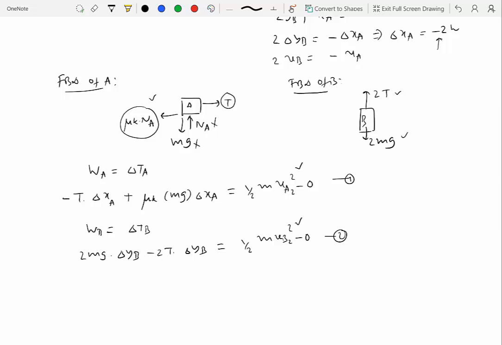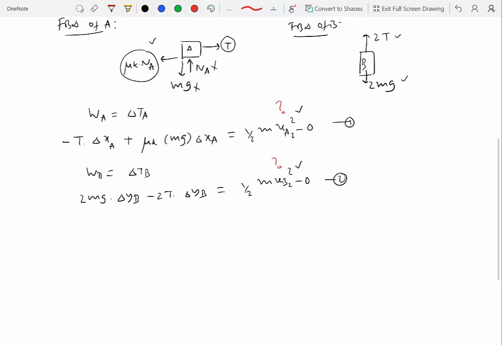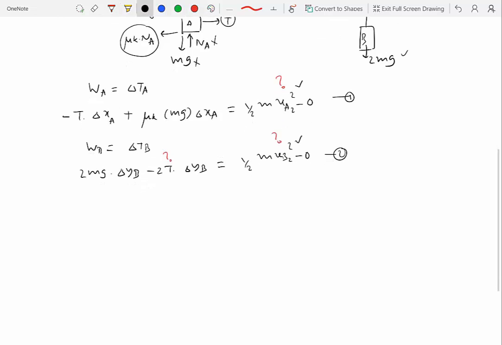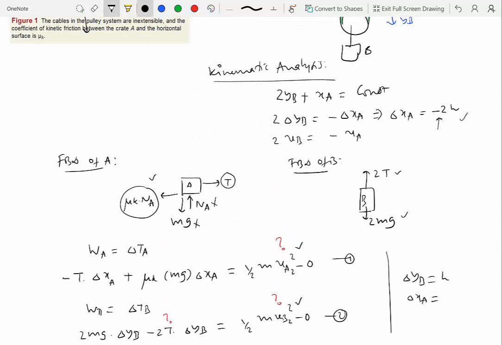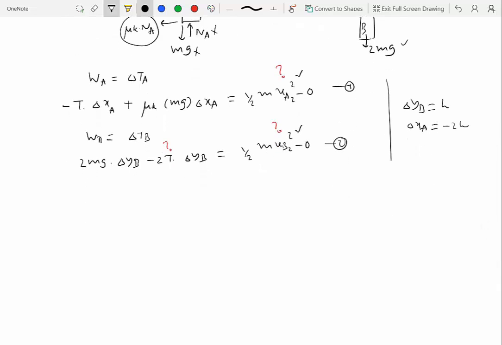Let's count the number of unknowns that we have here. We have v_A squared, v_B squared. We have the tension, right? That's another unknown. And delta x_A and delta y_B are completely known because we are given delta y_B as h. So delta x_A is equal to, from this relationship, minus 2h. So that's known, right?